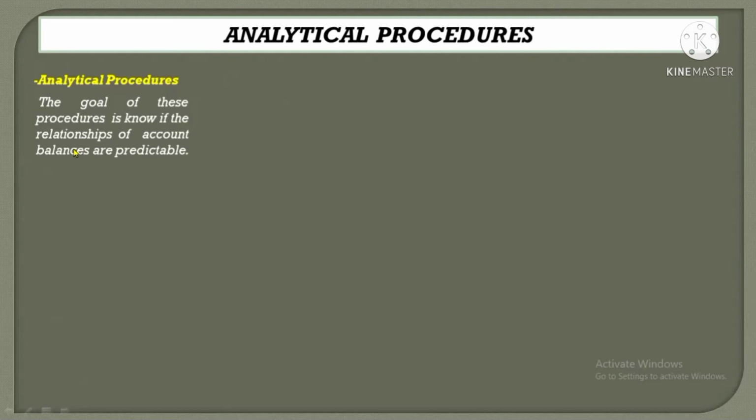So the concept of analytical procedures in simple terms is just finding the unusual transactions and investigating them. It's as easy as that. And since these procedures focus on unusual transactions, account balances with predictable or reasonable relationships are not investigated further.